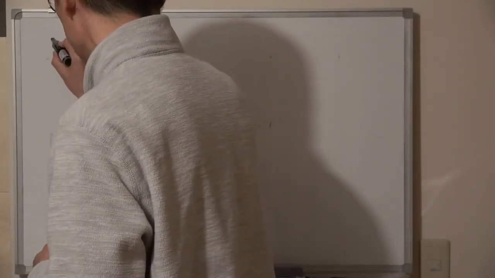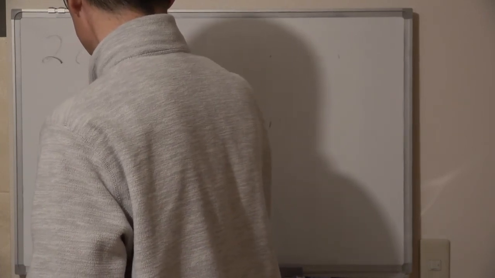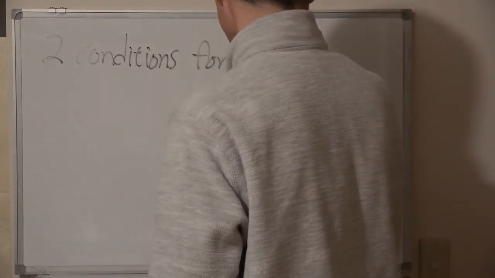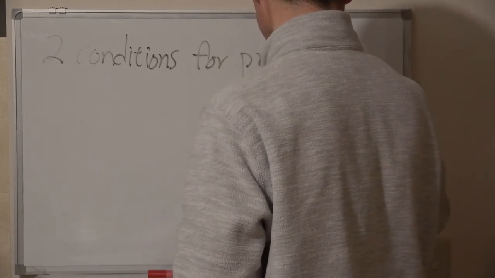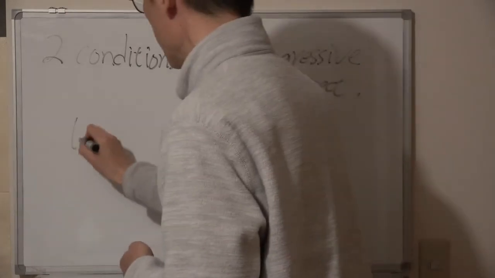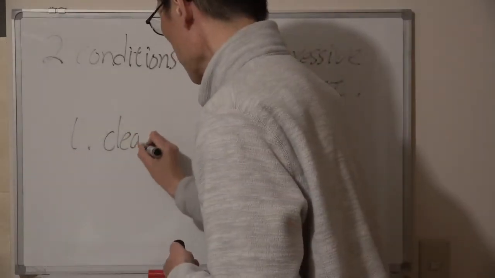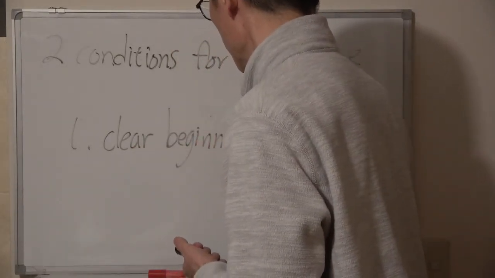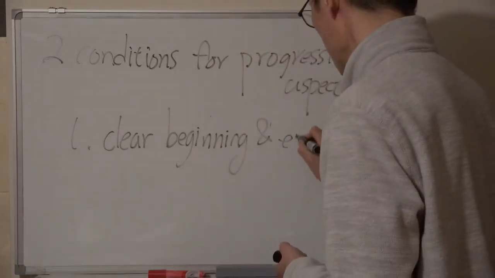And the two conditions for progressive aspect are, number one, clear beginning and clear ending.